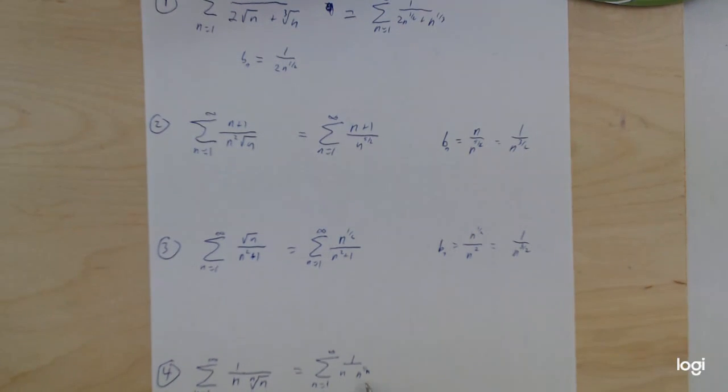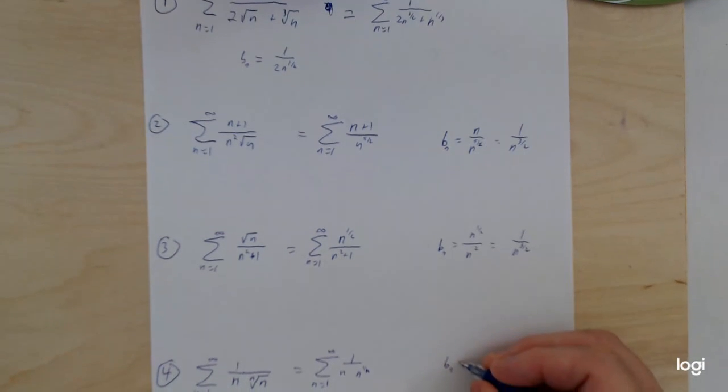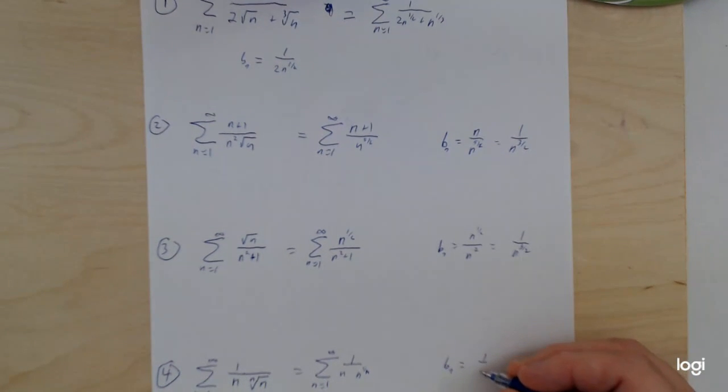If you take the nth root of n and look at the pattern, you go square root of 2, cube root of 3, fourth root of 4, you'll notice they aren't growing. They're actually shrinking. It's not getting big at all. If you remember from our limits way back in 10.1, the nth root of n approaches 1. So my dominant term in the denominator is 1 over n. So I'm going to take my b sub n to be 1 over n.